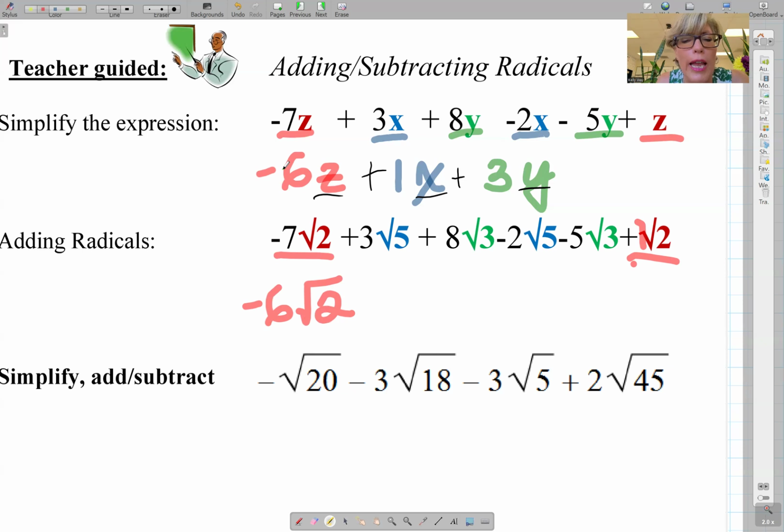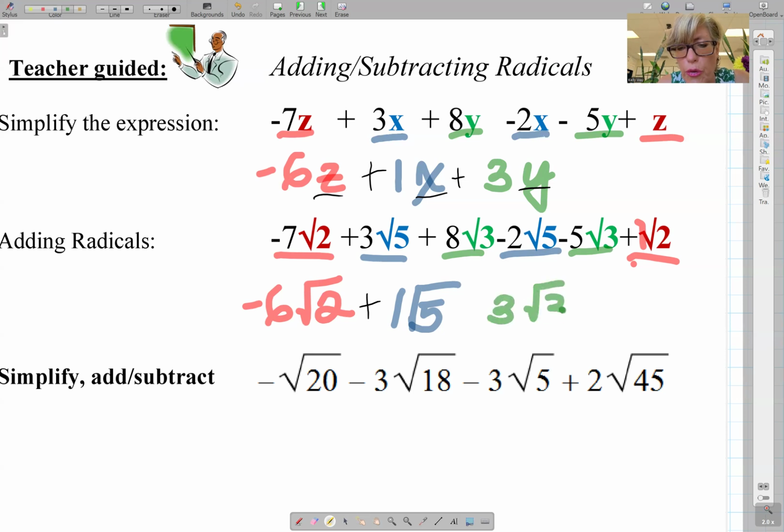The roots are like the variables. So 3 root 5 minus 2 root 5, that's 3 minus 2, that's 1. Just like that x doesn't change, neither does that root 5. Plus 8 root 3 minus 5 root 3, that's 8 minus 5, and that's going to be 3 root 3.